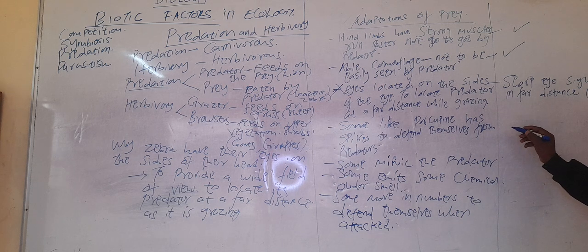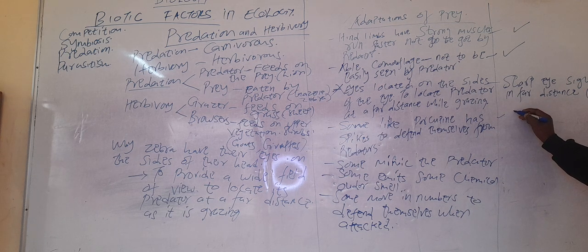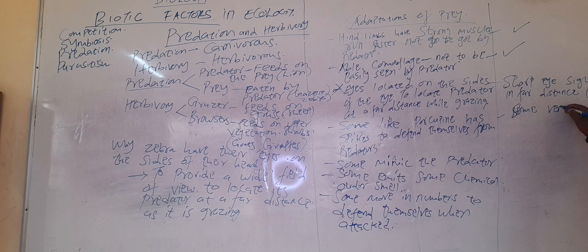Some like the snakes have venom. Have what? Venom, like the snakes. And this one is to do what? To paralyze their prey. Then we have some that mimic. Some emit some chemicals or smell.